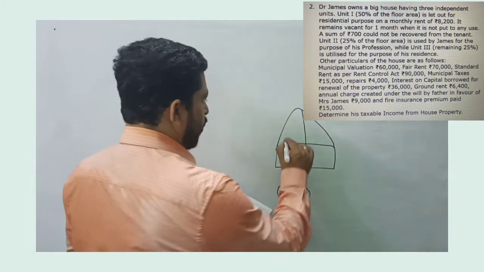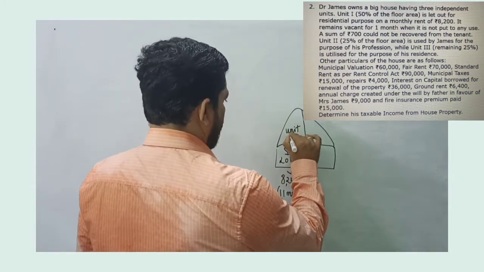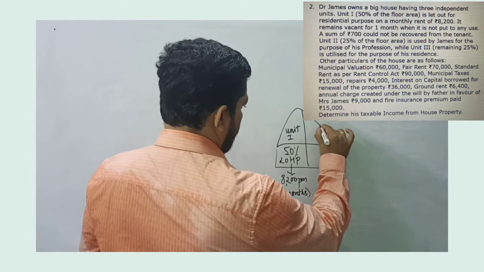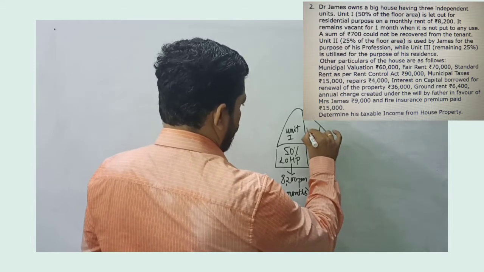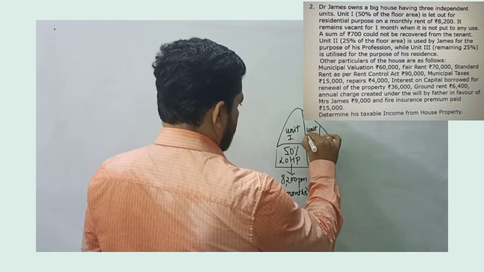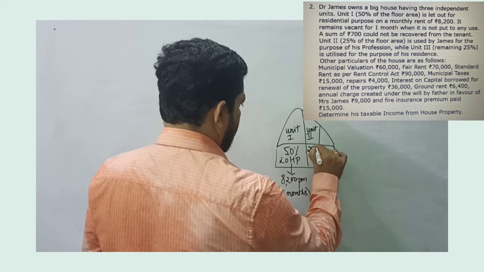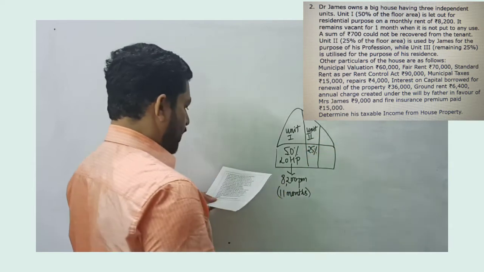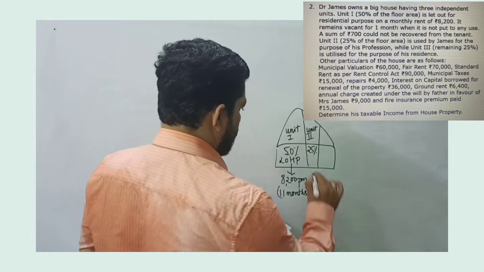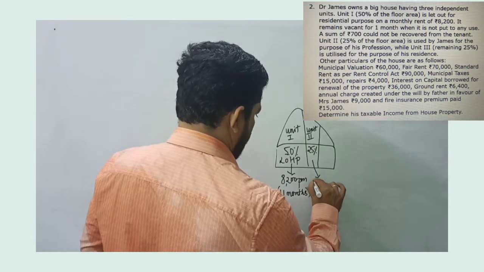Then we have unit 2. This is unit 1. Then we have unit 2. 25% of the floor area is used by James for his own profession.